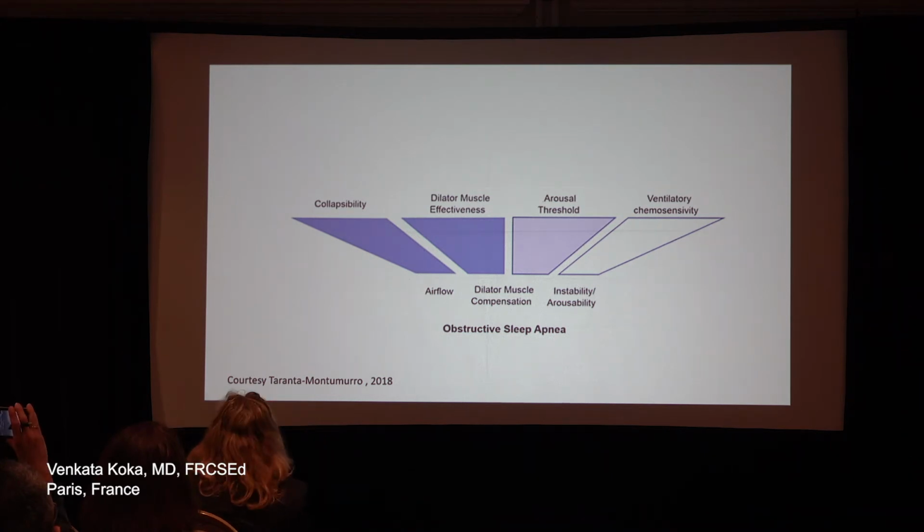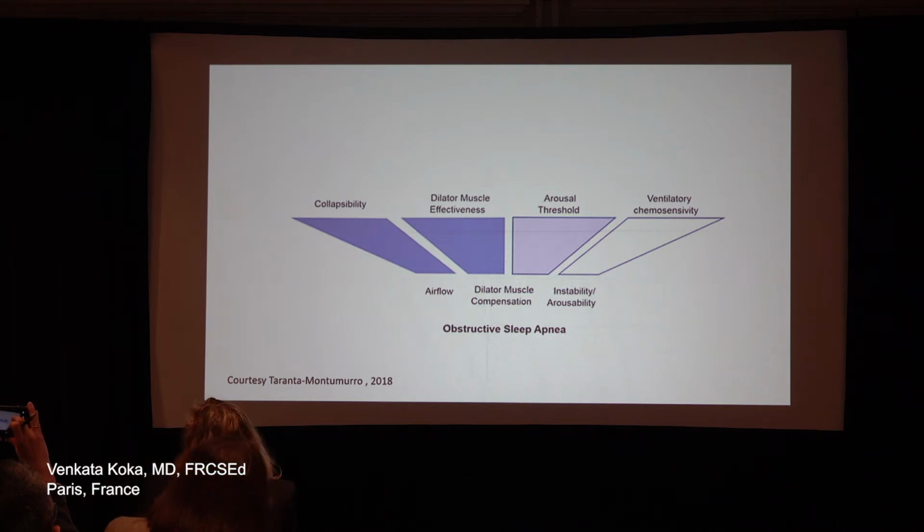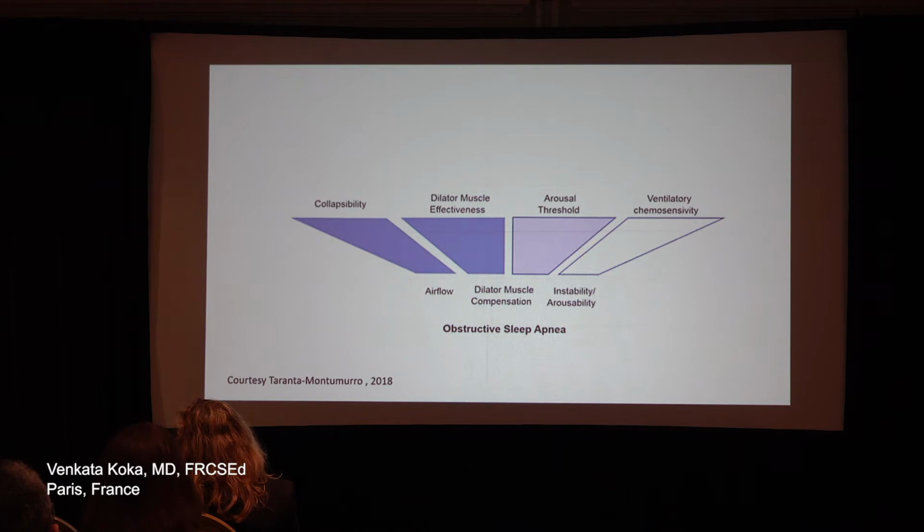And again, there are non-anatomical factors. You see here the dilator muscle responsiveness, which responded very well in the last patient. But if the muscles do not contract effectively, airflow decreases and the severity of OSA increases.